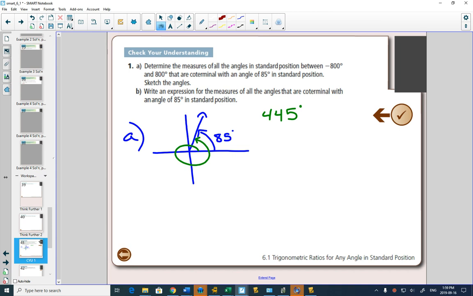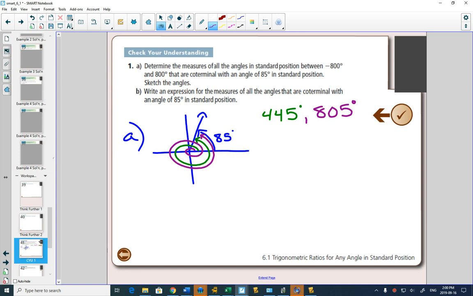If I added 360 degrees again, once around, twice around, plus 85, that would get me to 805 degrees. But what did the question say?